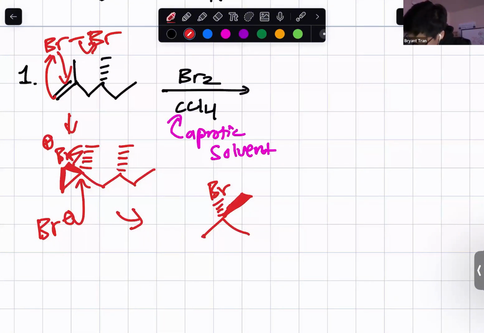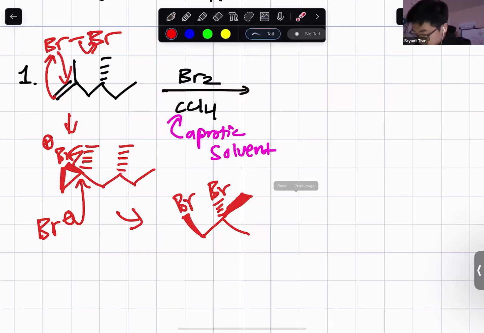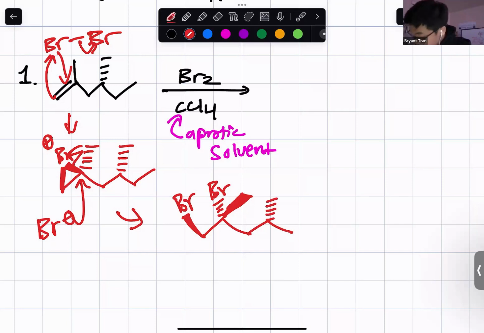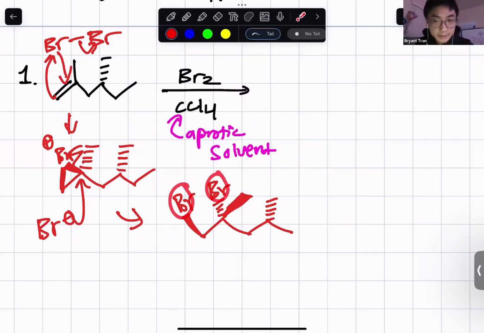Now, this carbon here, you could imagine it staying as a wedge bond, right? You could draw it like that to clearly show the anti-addition of this reaction, right? This is anti-addition because one bromine here is wedge, the other bromine here is dash. So that's the anti-addition part of it. But because this is not a chiral center, there's two hydrogens here, right?